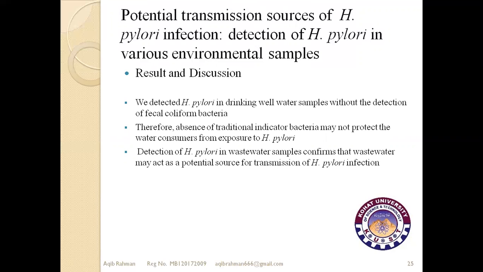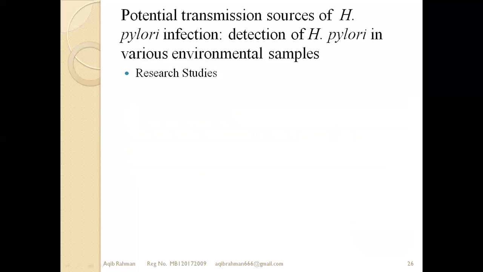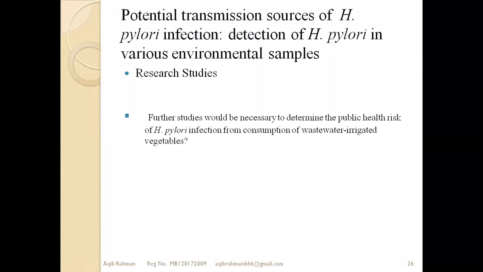Detection of H. pylori in wastewater samples confirmed that wastewater may act as a potential source for transmission of H. pylori infection. Further studies would be necessary to determine the public health risk of H. pylori infection from consumption of wastewater irrigated vegetables.